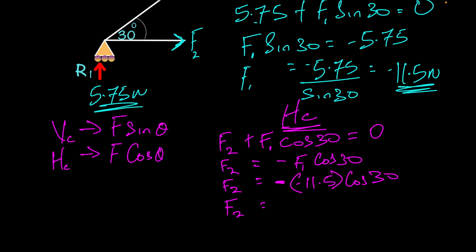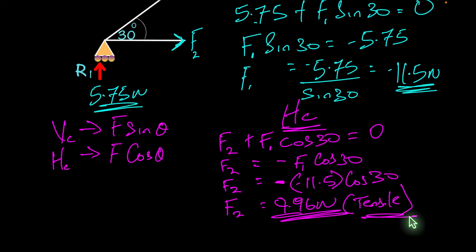So our final answer for F2 is 9.96 newtons. And it's positive, so that's a tensile member. And F1 was negative, so that was a compressive member.